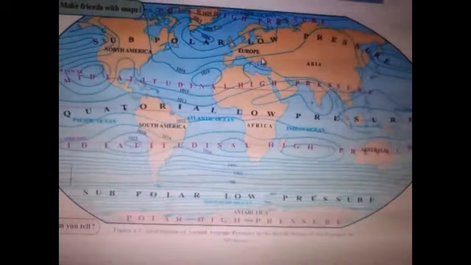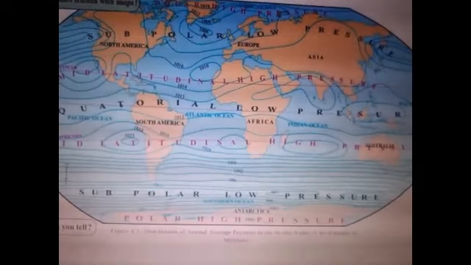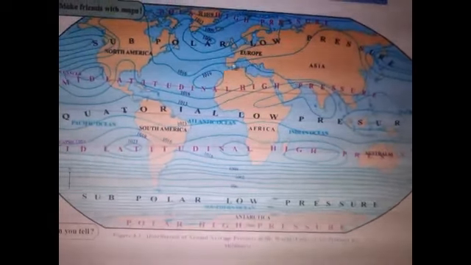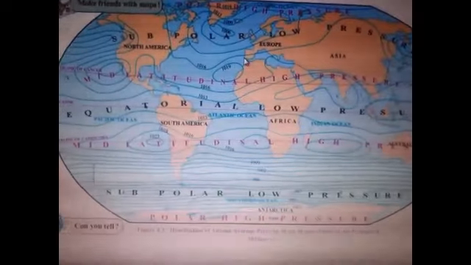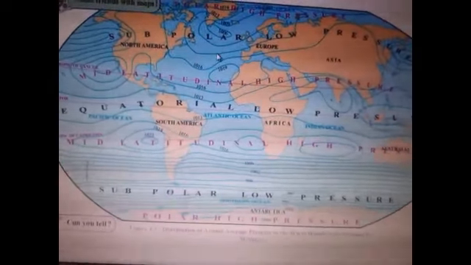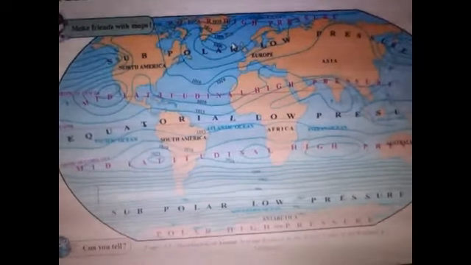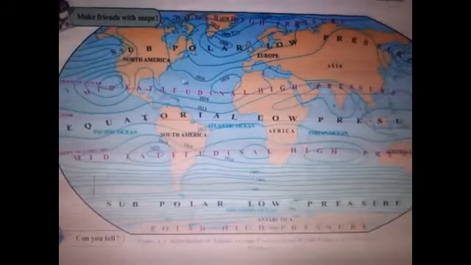These are the lines which are joining the places having equal air pressure. When these lines are away from each other in the northern hemisphere, it means the air pressure is low in these areas. The distance between the isobars shows there is low air pressure in these areas.